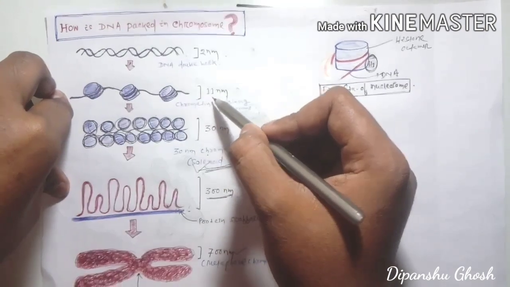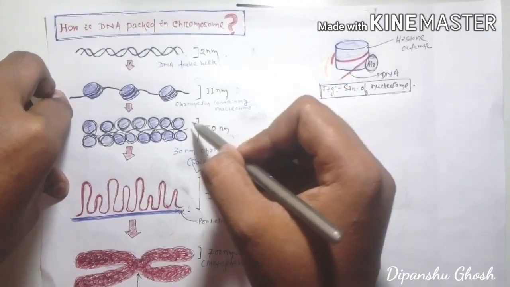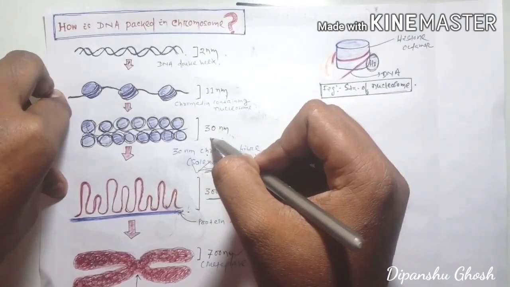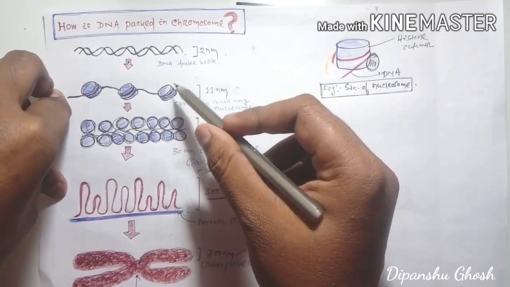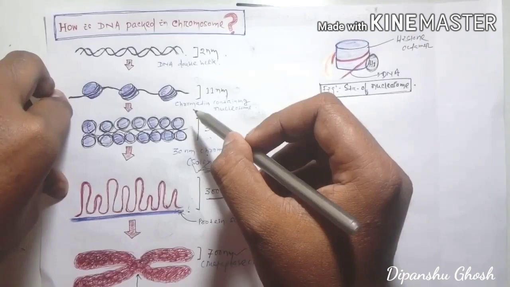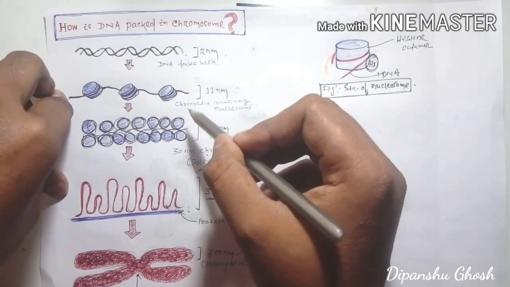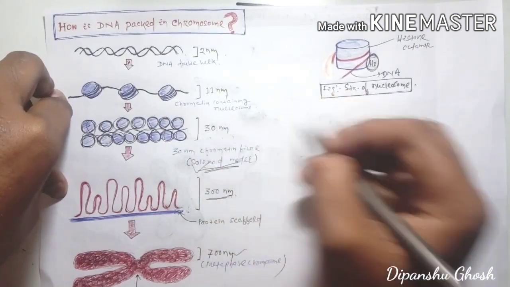Okay, now the 11 nanometer chromatin fiber is further condensed to form a 30 nanometer solenoid structure, because these 11 nanometer structures are getting further condensed this way, like this.